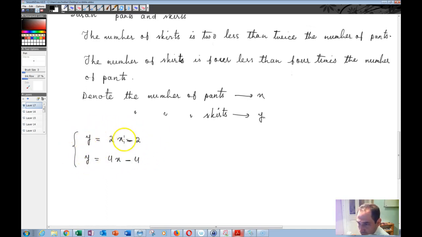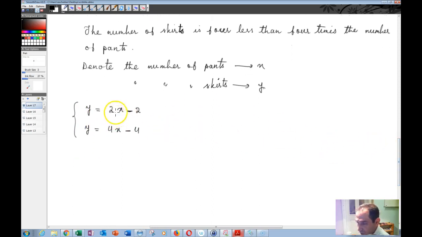So now I have a pair of linear equations in two variables: 2x minus y minus 2 is equal to 0, and 4x minus y minus 4 is equal to 0.